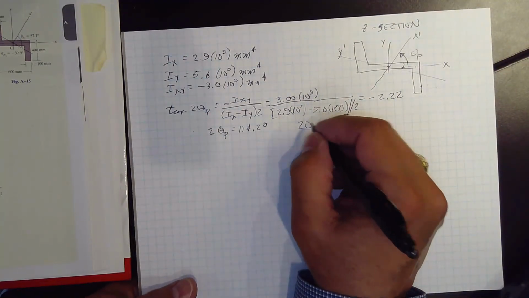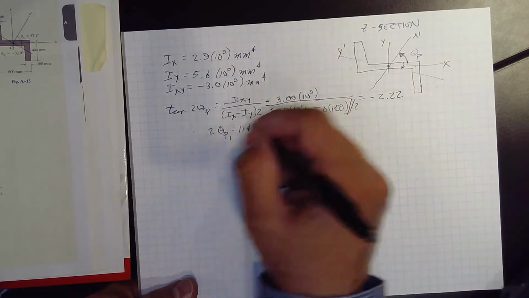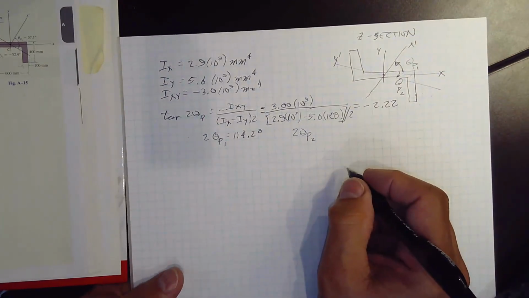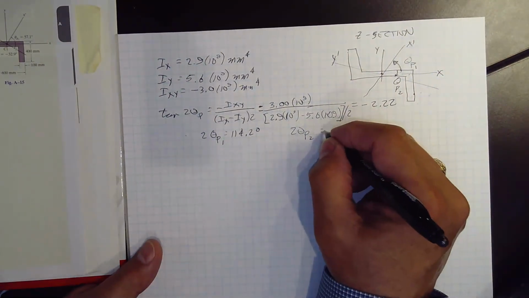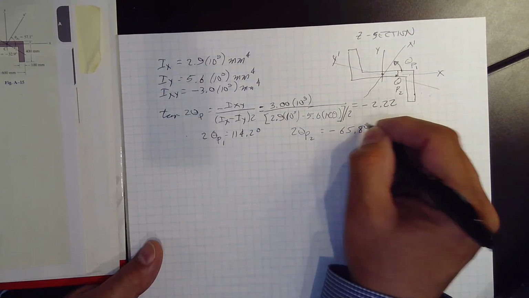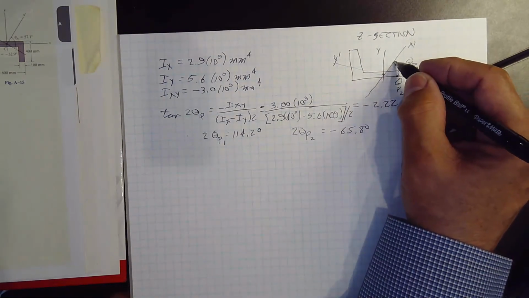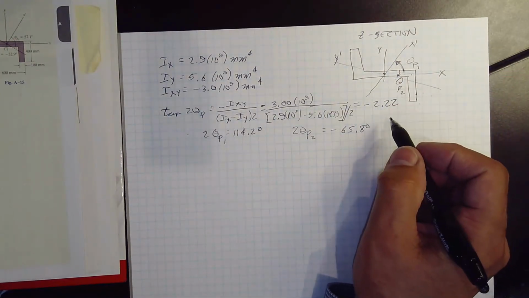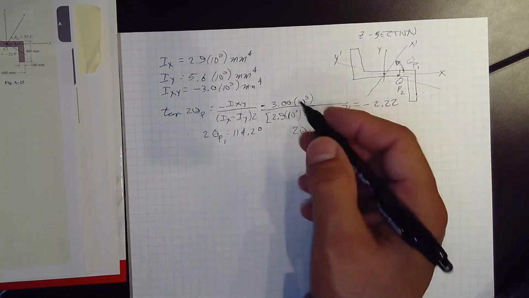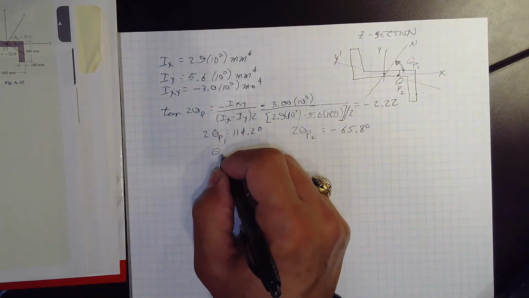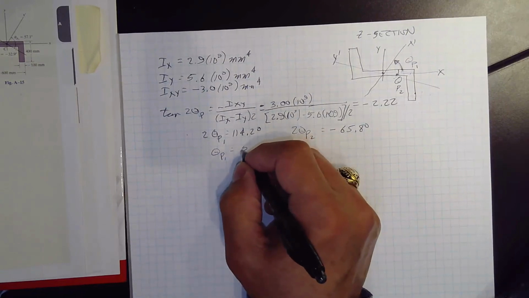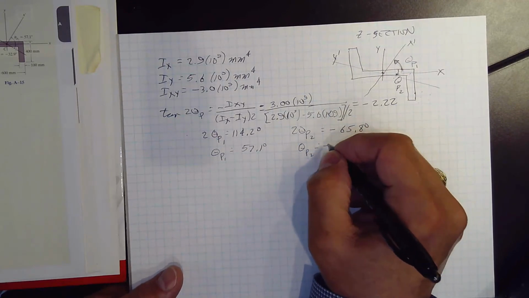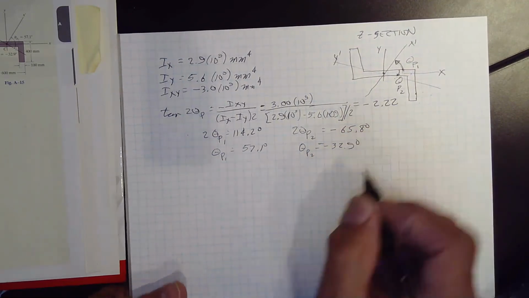We'll call this theta p1 and this theta p2. And 2 theta p2 is going to be equal to minus 65.8 degrees, which makes sense because we're rotating down. This is positive, so now we're rotating down to find theta p2. If we divide by 2, theta p1 is equal to 57.1 degrees, and theta p2 is equal to minus 32.9 degrees.